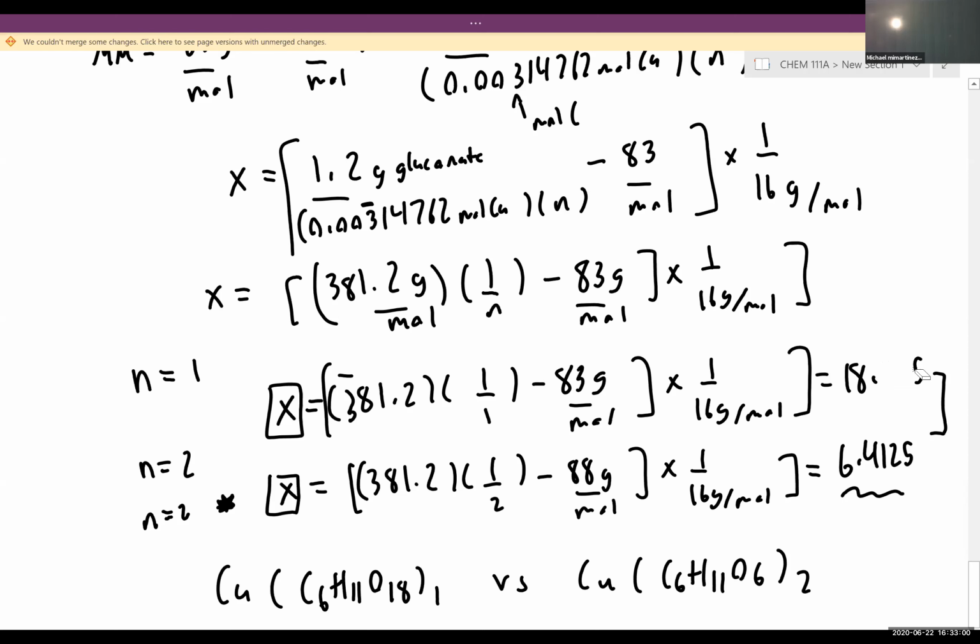We get 18.6375, which we round to the nearest whole number, which would be 19.